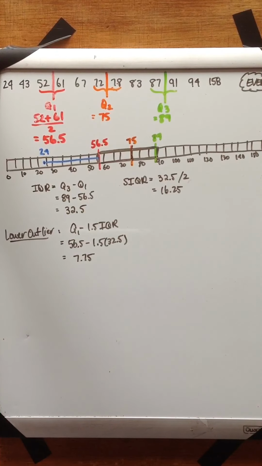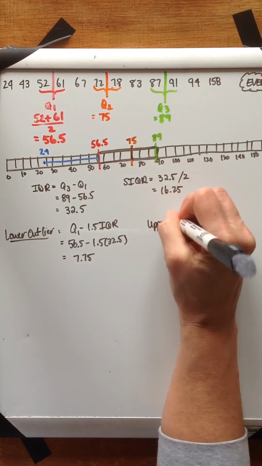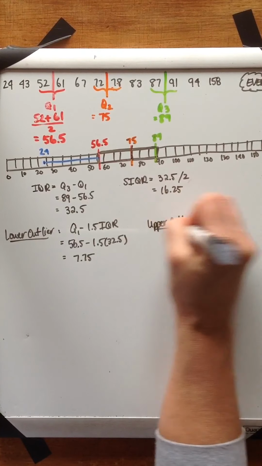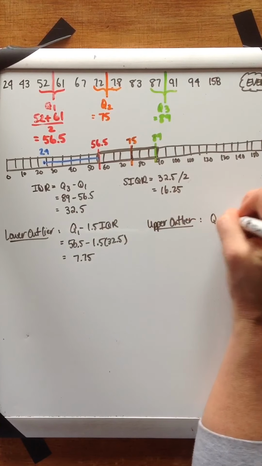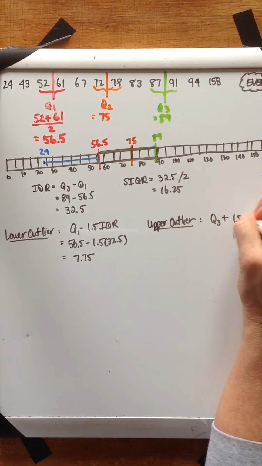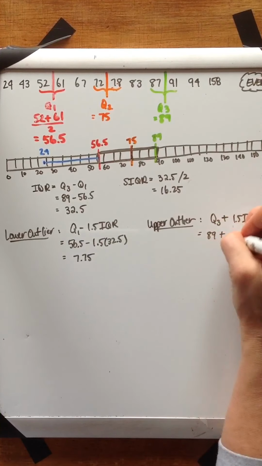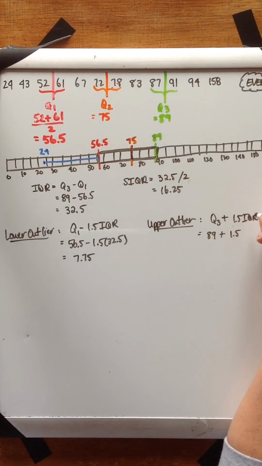Lastly, we need to see how the upper outlier is. Quick calculation. This time we're going to do Q3 plus 1.5 IQRs. Our Q3 value was 89. Our IQR value is 32.5.